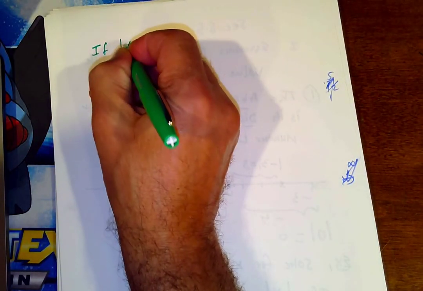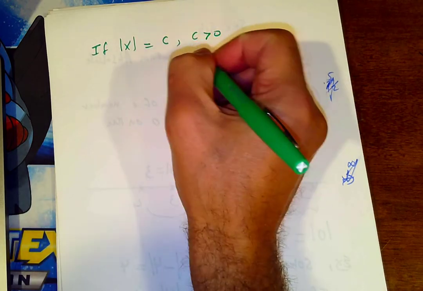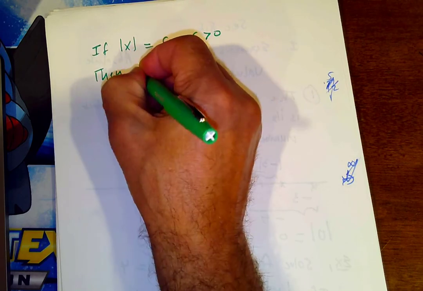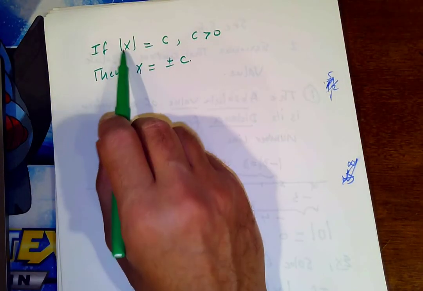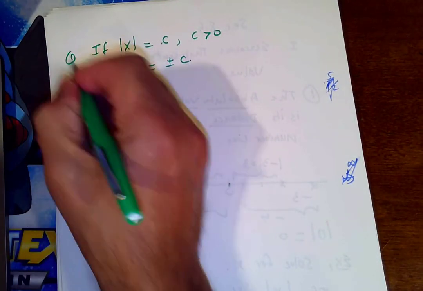In general, if absolute value of x equals c, where c is positive, whether it's 4, 4.5, 10, whatever it is, as long as it's positive, then x is plus or minus c. Because absolute value of c is c, and absolute value of negative c is also c.